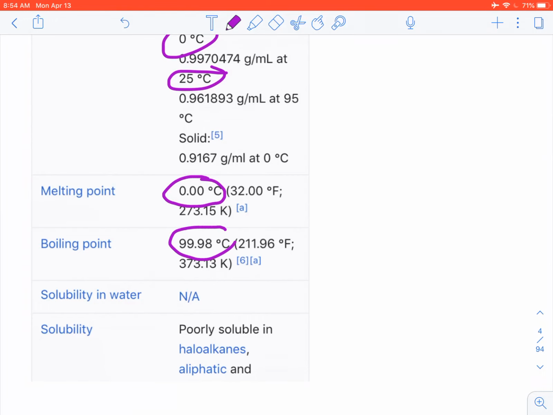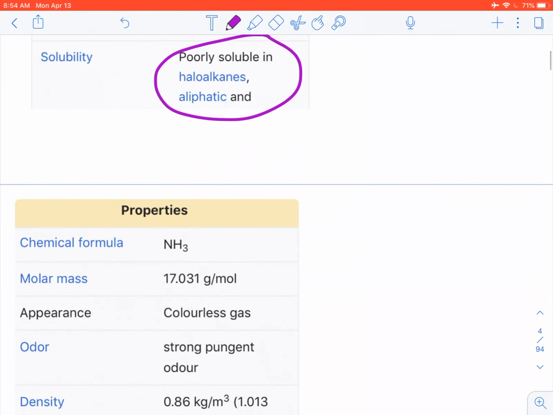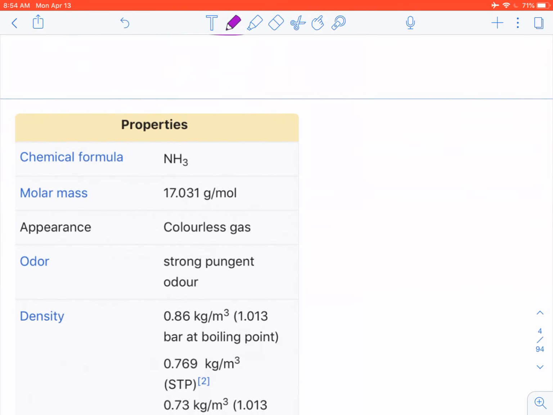Here's the boiling point. And then its solubility in organic substances. Right? Let's look at NH3. There's a molar mass of 17.031 grams per mole. Its odor is pungent.